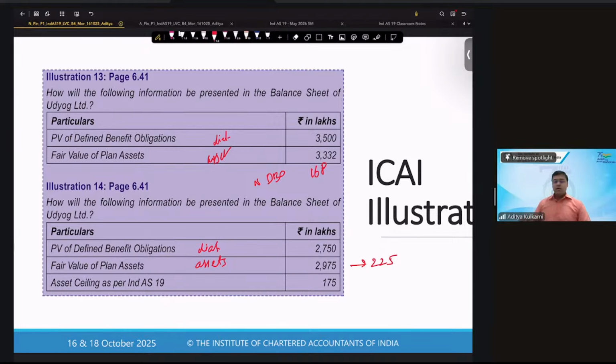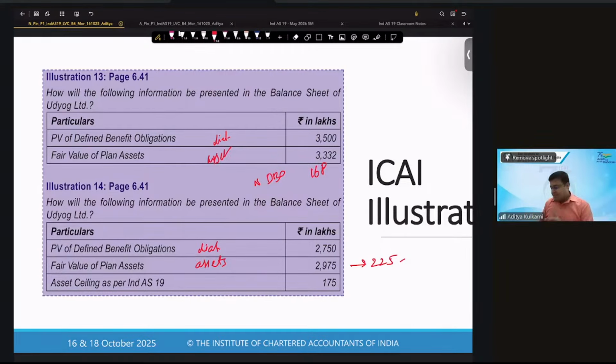Okay. See, as per the plain book values of obligation and fair value of plan assets, you need to recognize a net asset of 225.